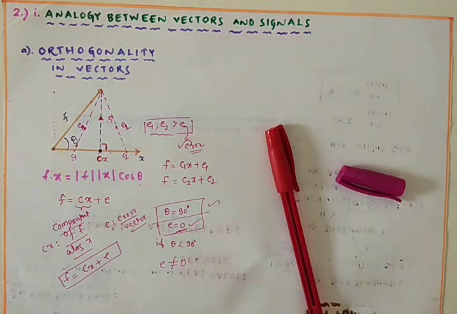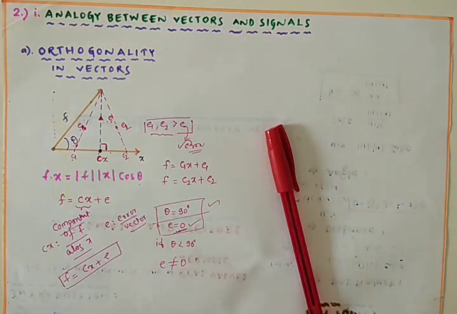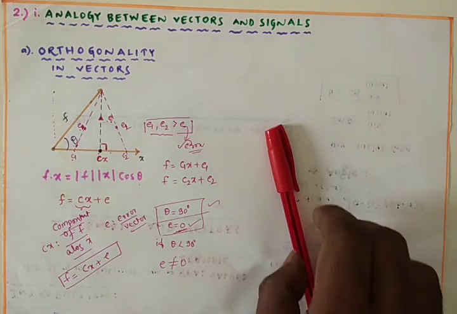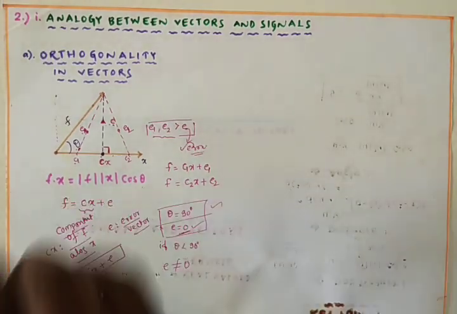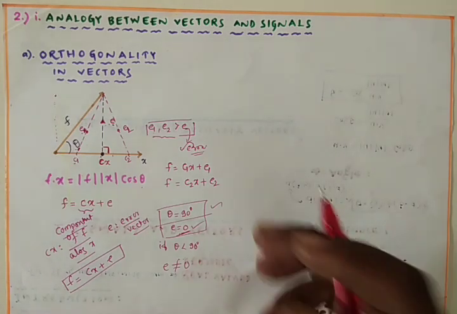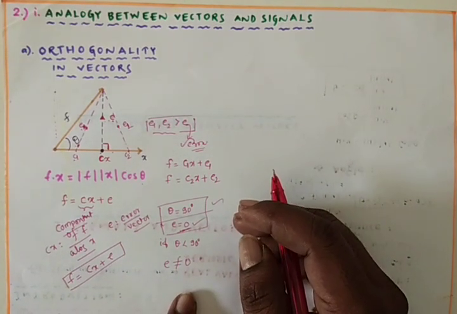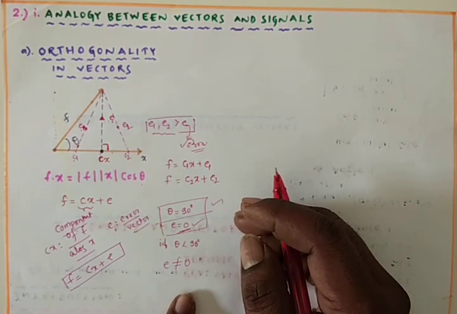Now we are discussing orthogonality in vectors, but we have to apply the same knowledge to the analysis of orthogonality in signals. Then I am going to one more concept now. For example, the component of F along X, or projection of F on X, is Cx.